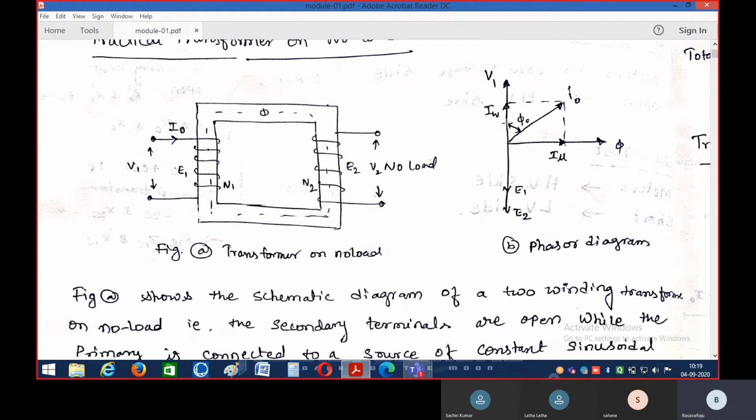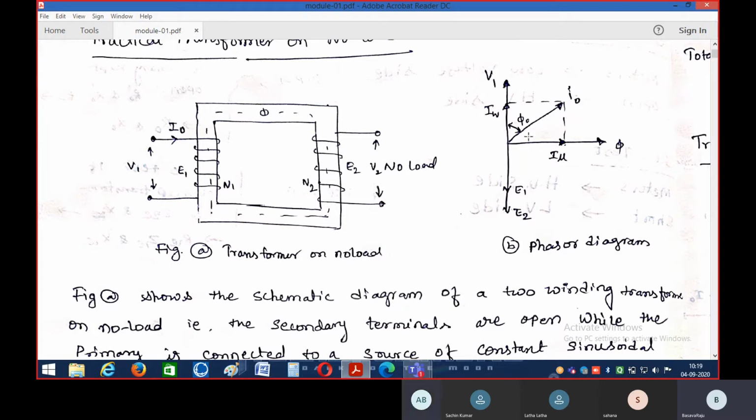Next, the other current is the working component of current, and this working component of current is always at 90 degrees to the magnetizing component of current. So in this direction, it is in phase with V1. The vector addition of this working component of current and the magnetizing component of current gives the no load current I0.